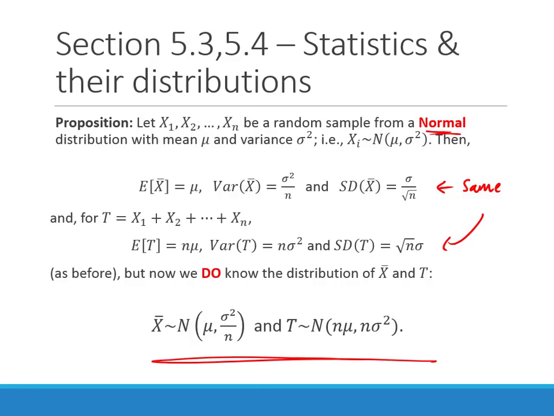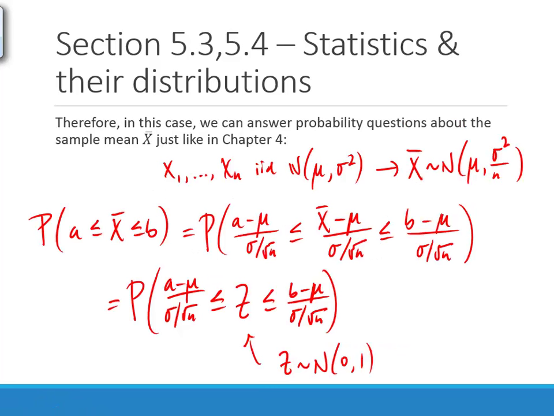So this is a very, very important result, and what we looked at on Wednesday was, because we know what the distribution of the sample mean is, we can do probability calculations just like we did before, right?